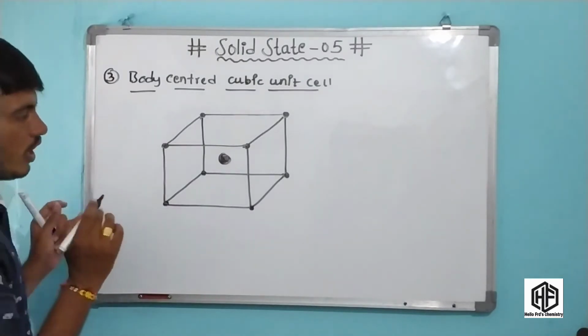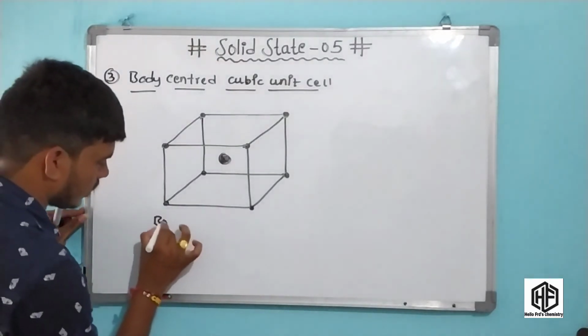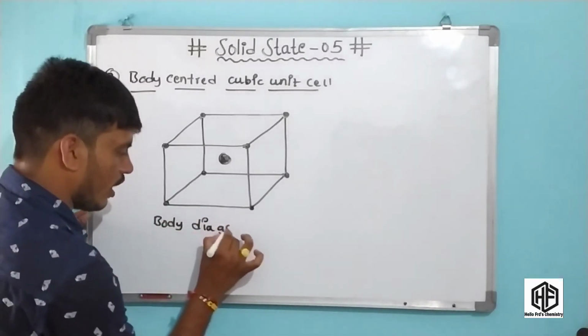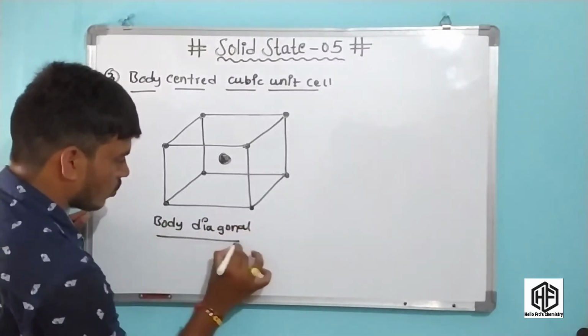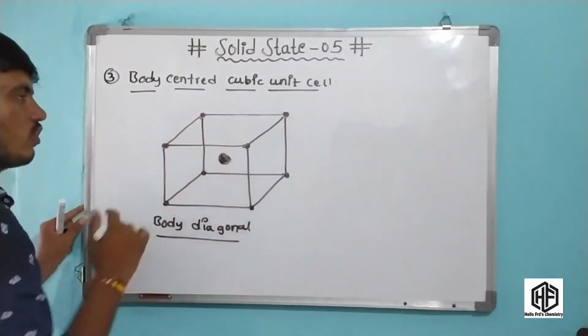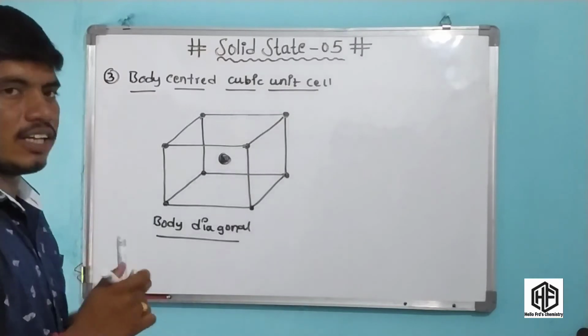Now in this diagram, first of all you have to consider a body diagonal. This is the body diagonal. Along this body diagonal, atoms are arranged in a spherical shape.